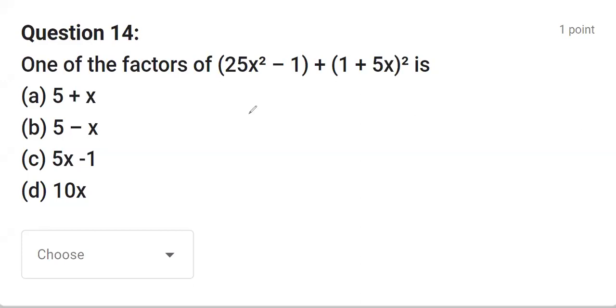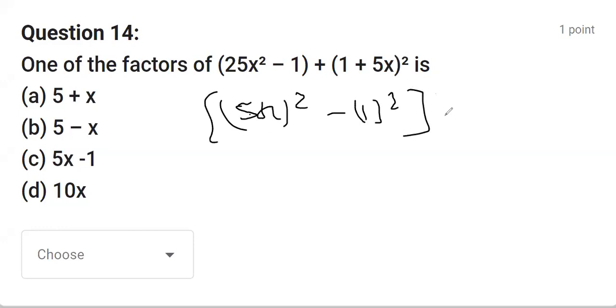In the next part, we have to find one of the factors of this. We can see that in this question, we cannot factorize directly. Even if I factorize this, the better way will be to expand. Let's first try by the method of factorization. I can write this as 5x whole square and this as minus 1 whole square. That's the first part.